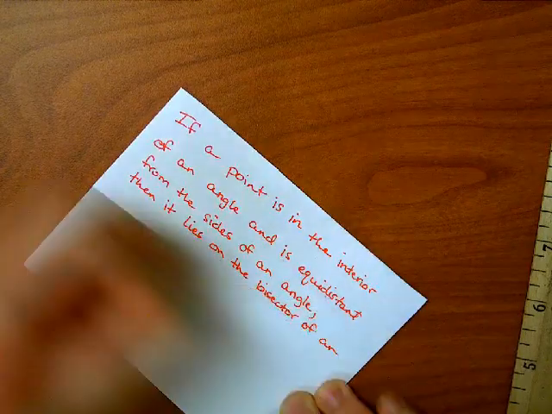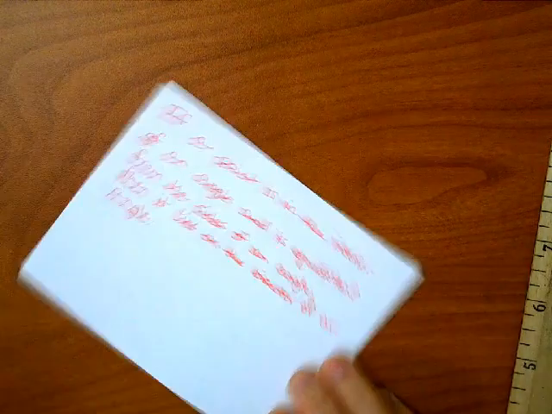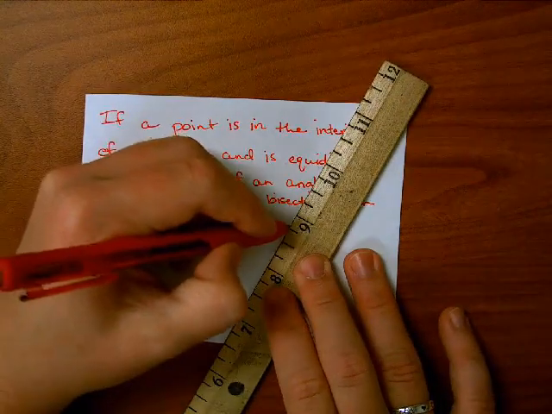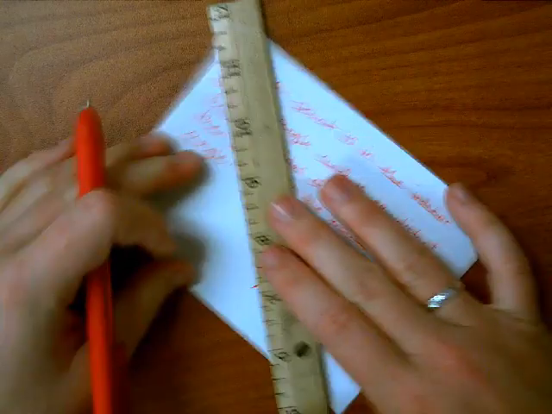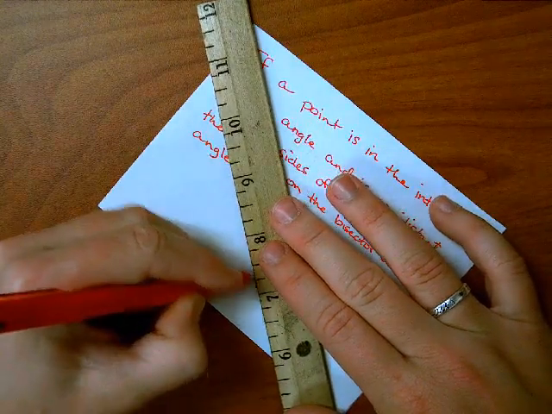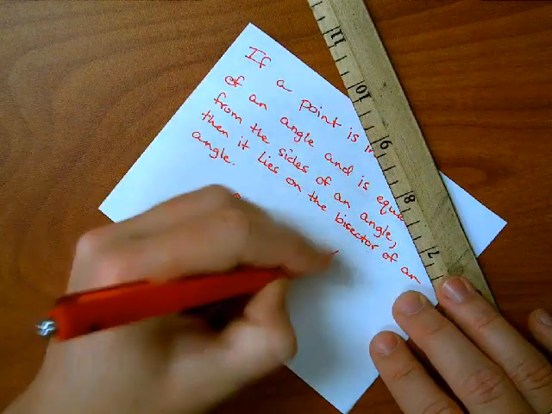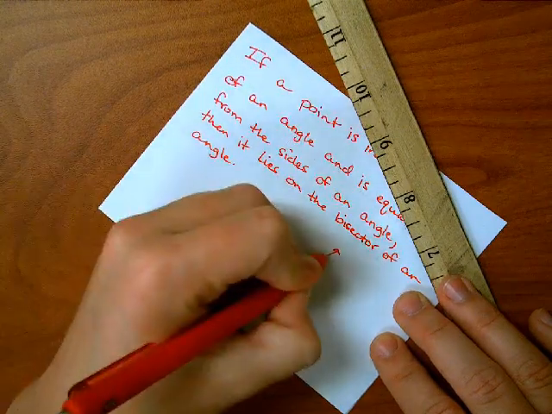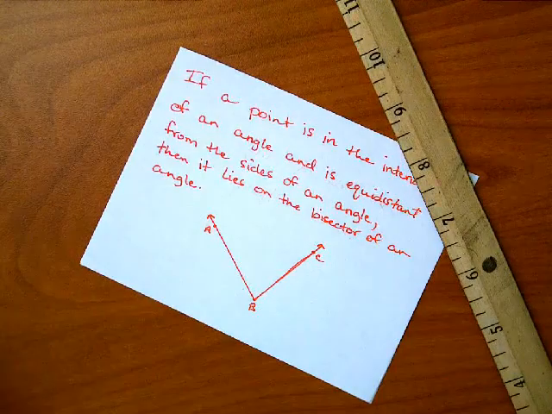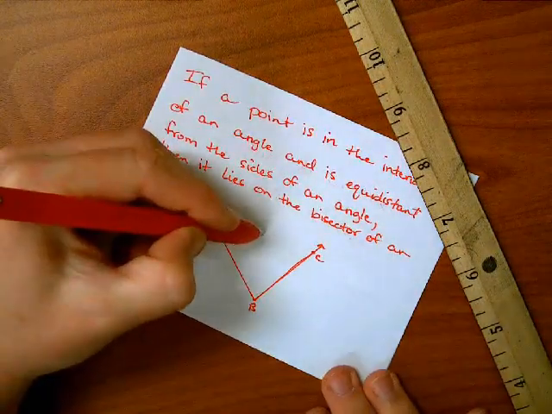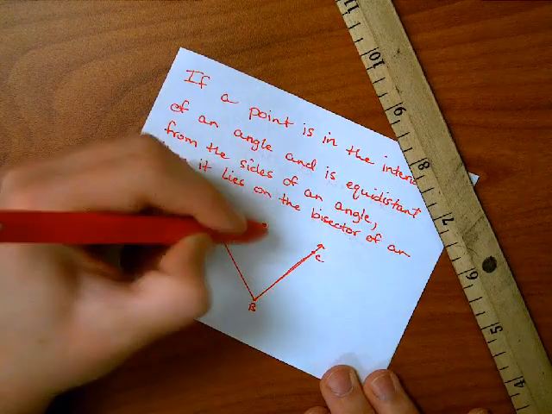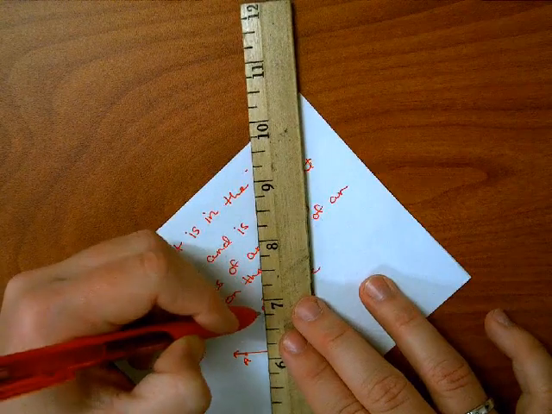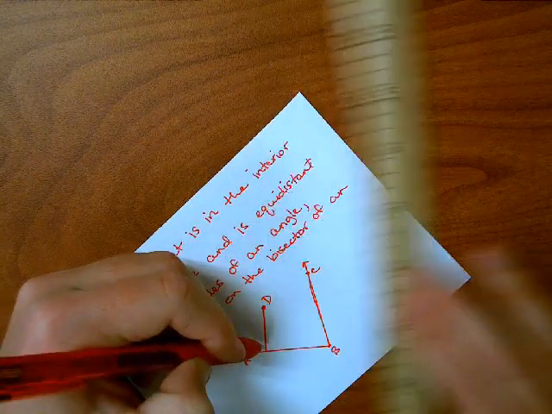So again, the red is what we know, the green is what we can infer, so we're going to draw an angle again. We have angle ABC. Okay. If we have a point out here and we know that that point is equidistant from the sides of our triangle.